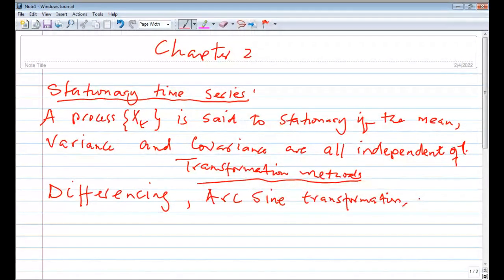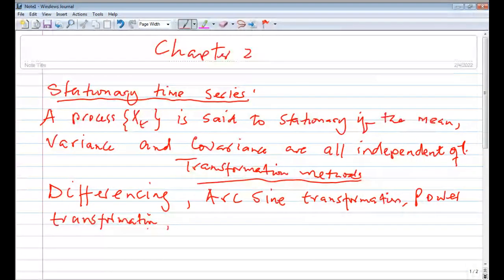The third one is power transformation. The next one is square root transformation.